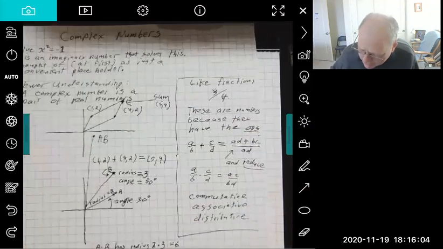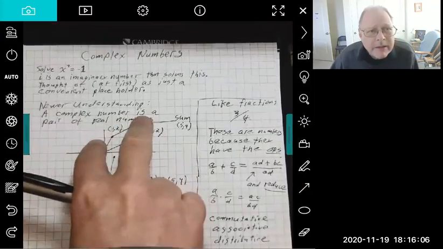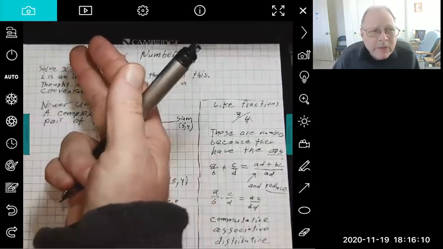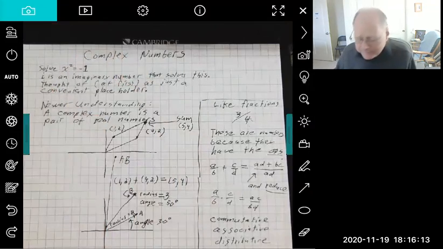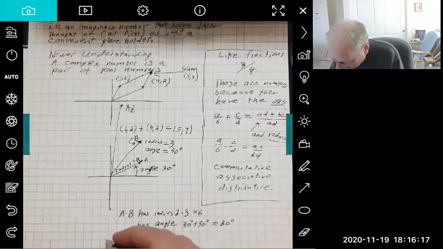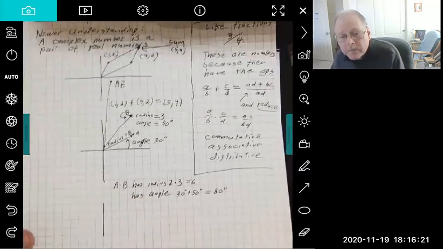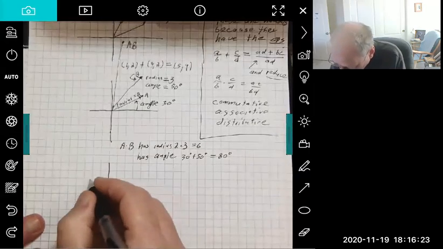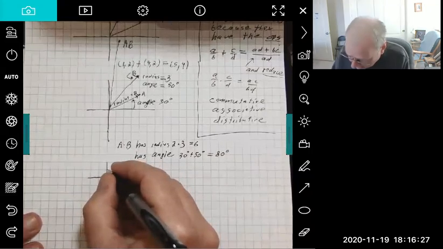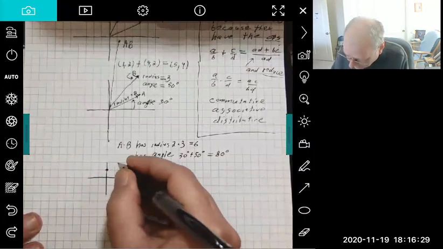So what does that have to do with the square root of -1? Well, look at this point right here.